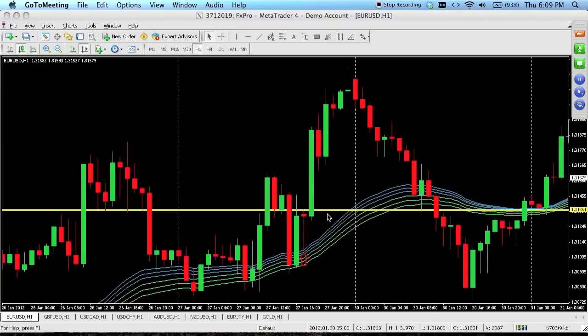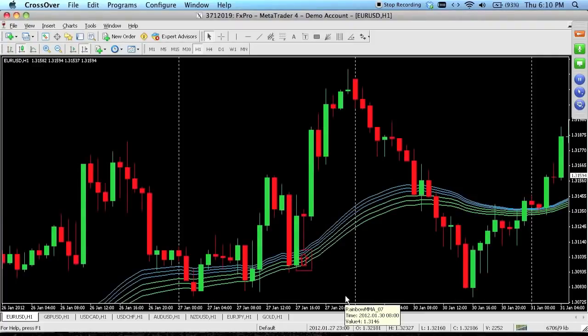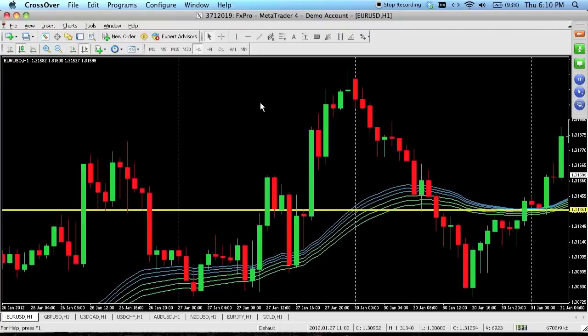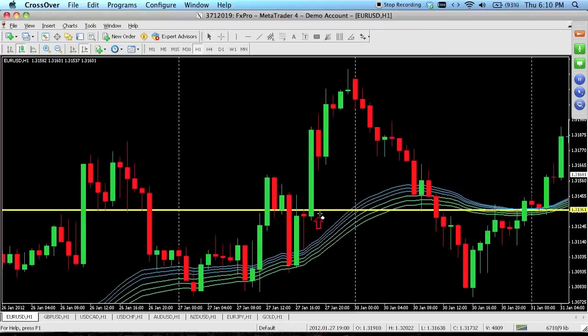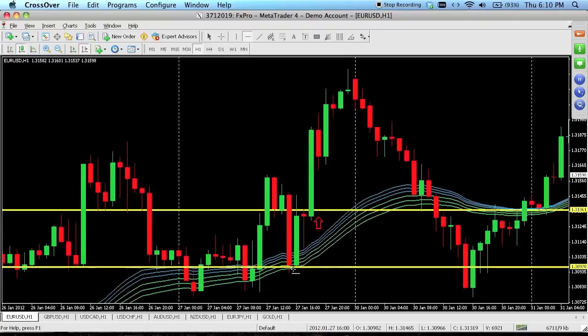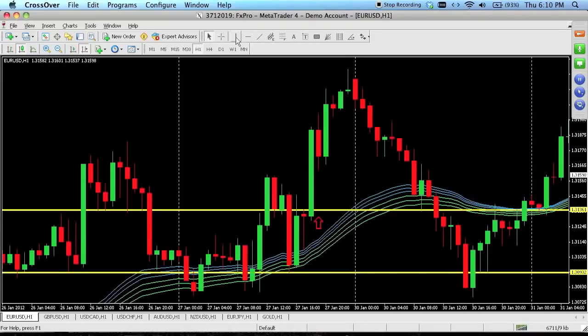Now, let's take a look here. People ask me, I think Valdemar, you asked me, about take profits. You entered here, right? This is where you went long. For example, let's say you're trading one standard lot. You want to go long here, and you have your stops at the previous tip, which is right here. How many pips away is that?